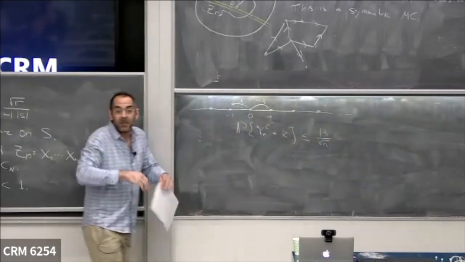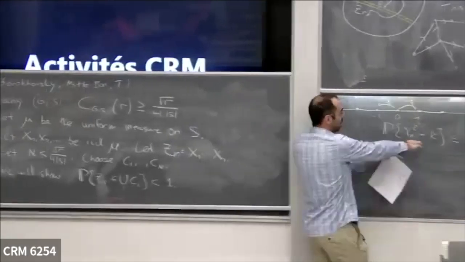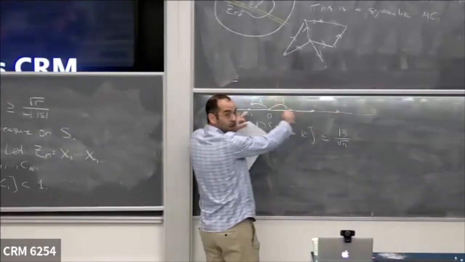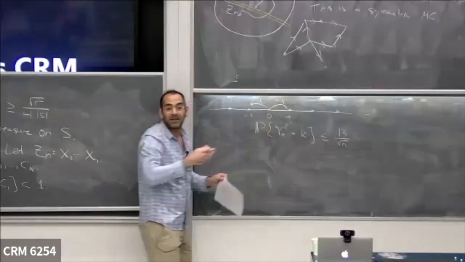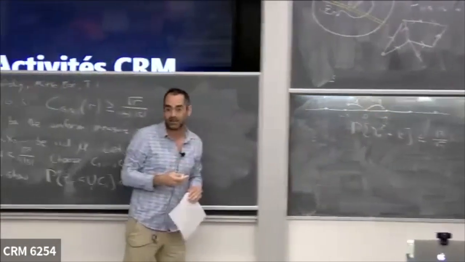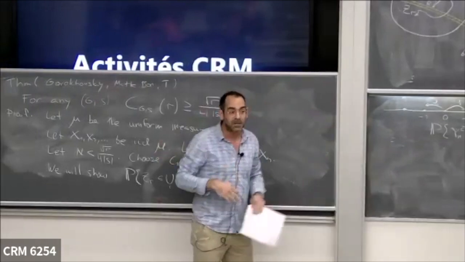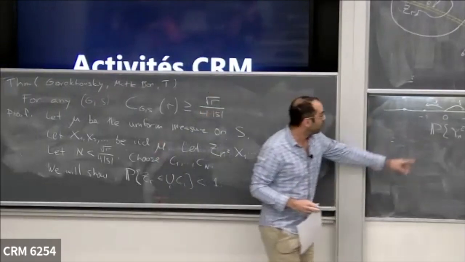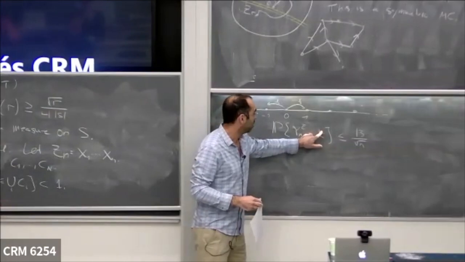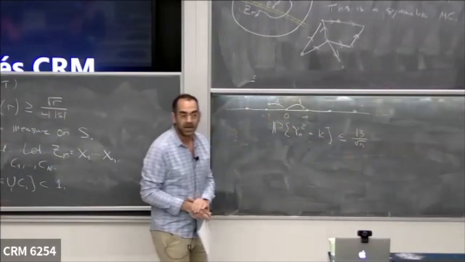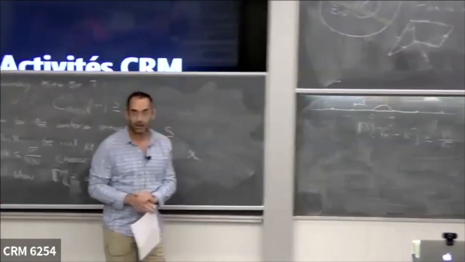The central limit theorem tells us that this distribution is going to be more or less like a Gaussian with width root n. So the probability of being back at 0 is something like 1 over root n. And everywhere else, the probability is even smaller. So uniformly over all k, the probability of being at any k is at most 13 over root n. Okay.